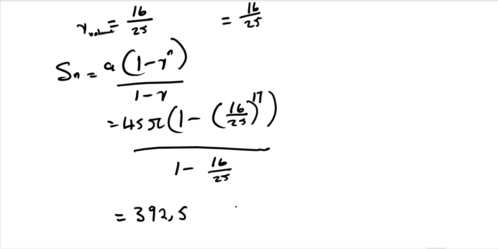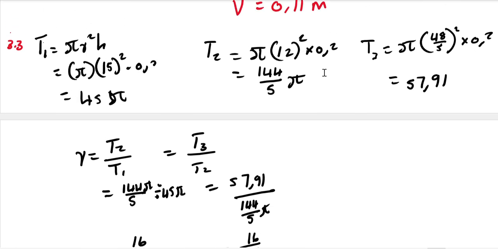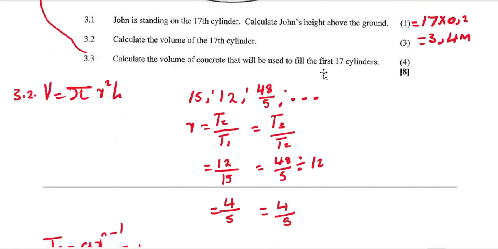Since I was rounding to 2 decimal places from my previous step, now when I round to 2 decimal places, because it is 392.499, this 9 will become 10, then you add 1 here to make it 5. That's why it is like this. And then you say meters cubed, because we were using a volume. Let me check. Yes, they say calculate the volume.